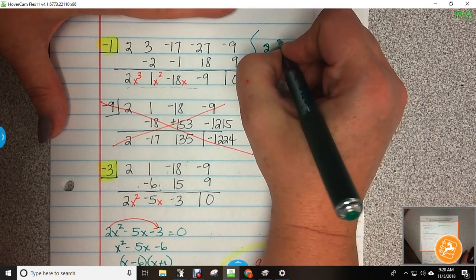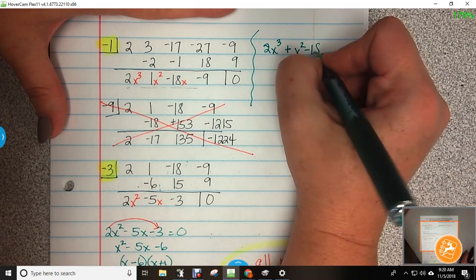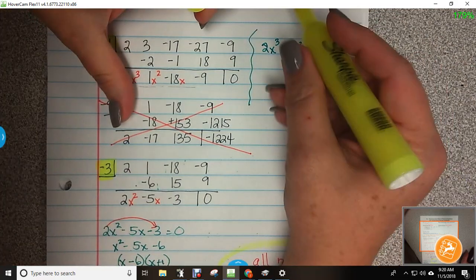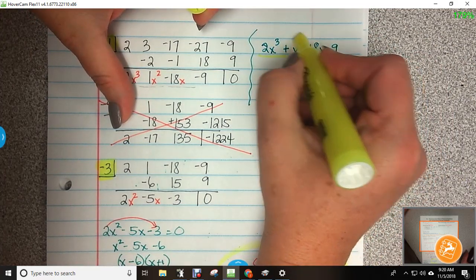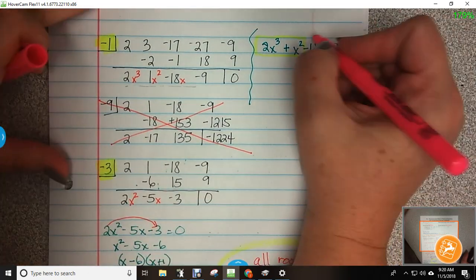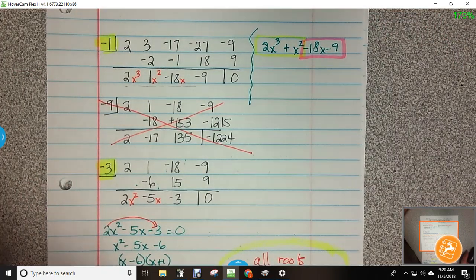So for my 2x cubed plus x squared minus 18x minus 9, I can group these by putting these two together and then these two together.